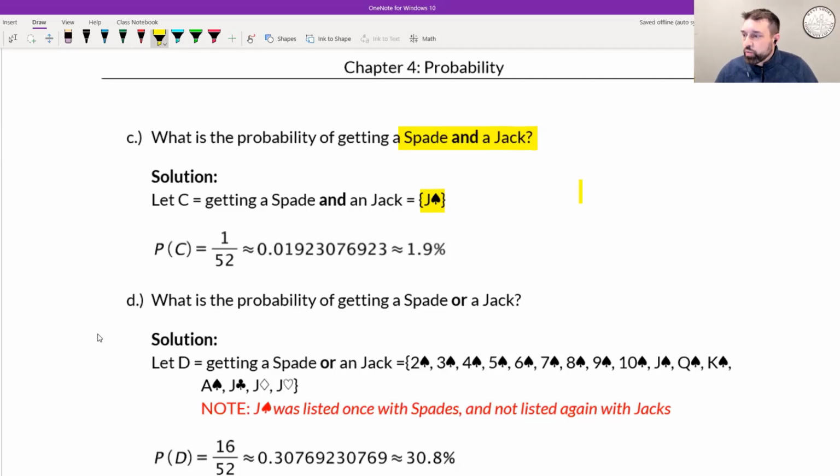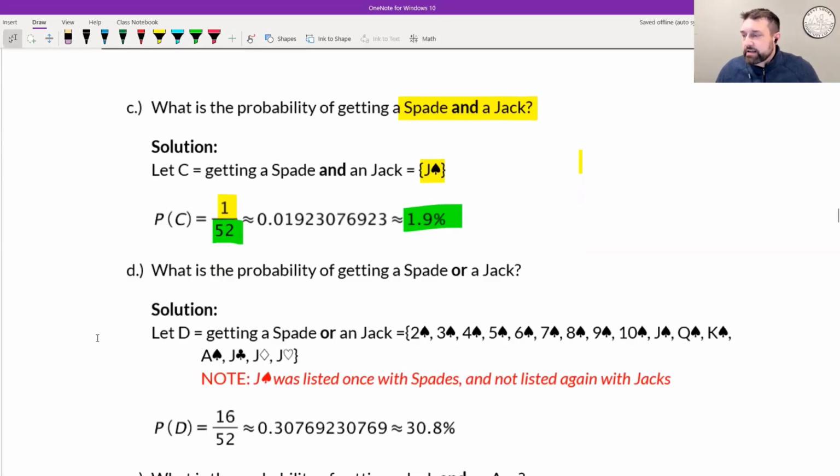And so that means there's one item that satisfies our event space out of the 52 items in our sample space, and that is about 2%. So the probability of you reaching into a deck and pulling out a Jack of Spades is about 2%. Is it possible? Oh yeah, it's possible. 2% chance of having that happen.